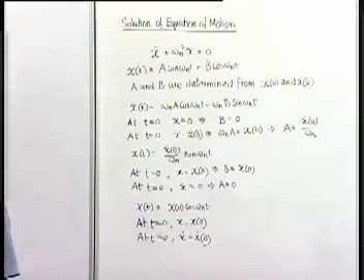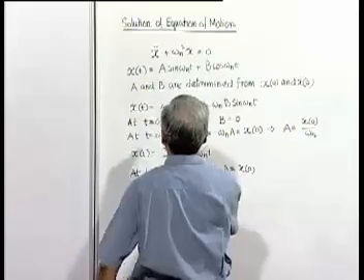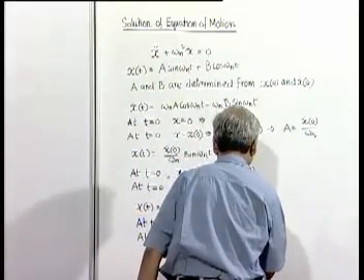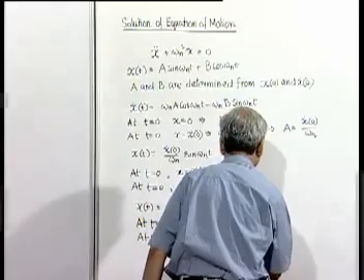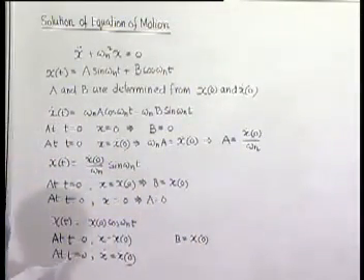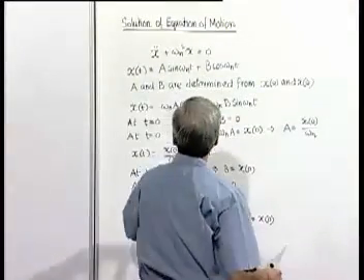You can solve it. That means at t is equal to 0, x is equal to x0. So, b is equal to x0. So, this is 0, only b remains and that is x0.